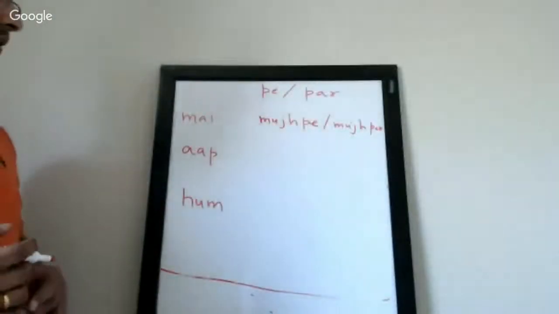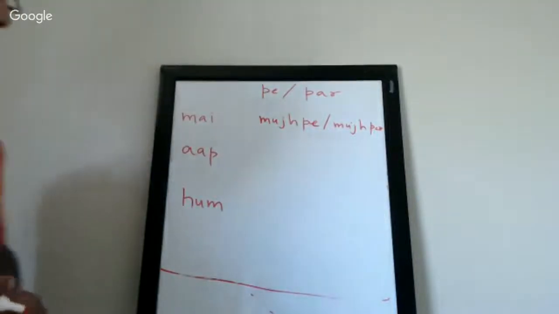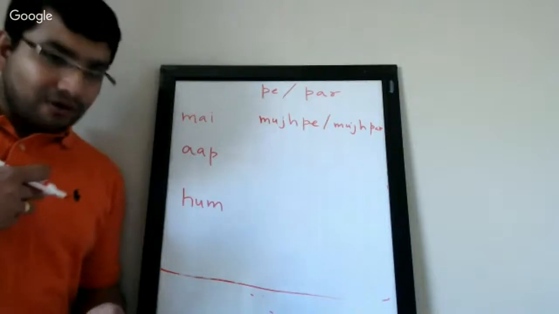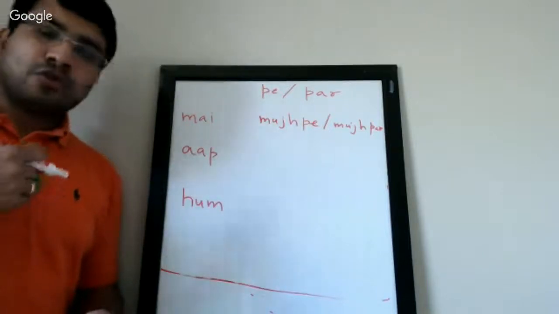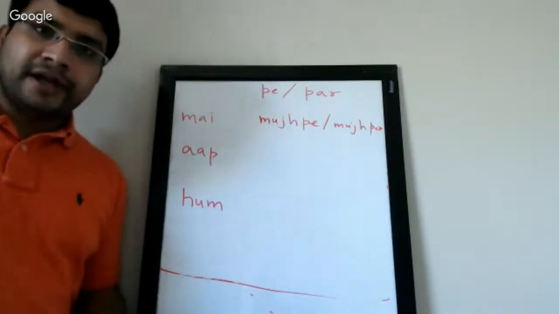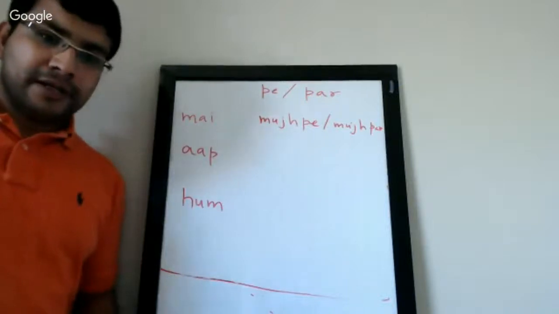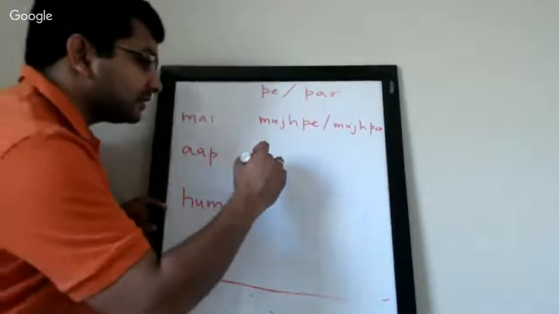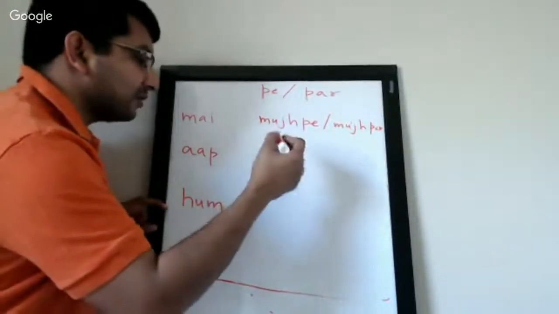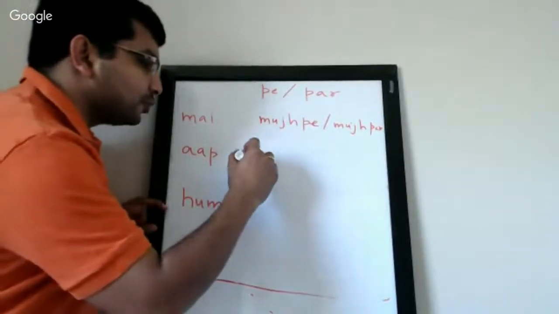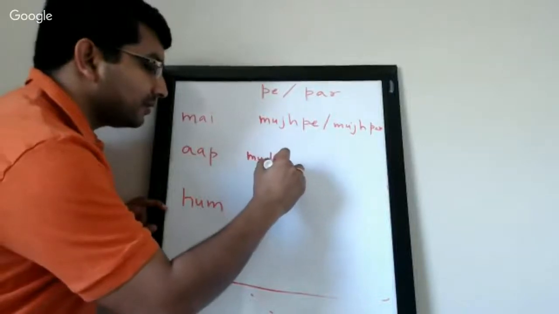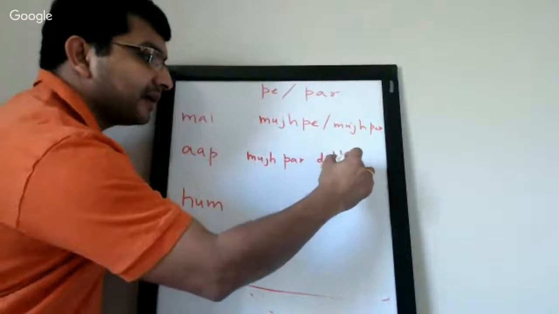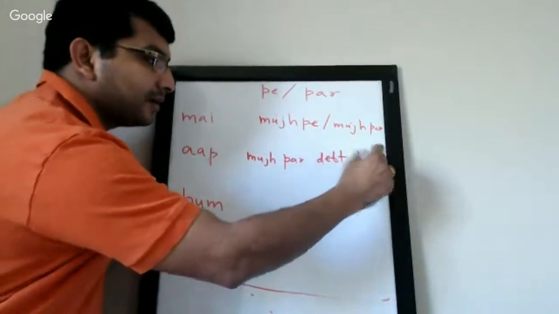So you can say, there's a lot of workload on me, right? On me, मुझ पर workload है, मुझ पर बहुत workload है. Someone can also say, उस पर, I mean, we'll do that, but मुझ पर debt है, you can say that.